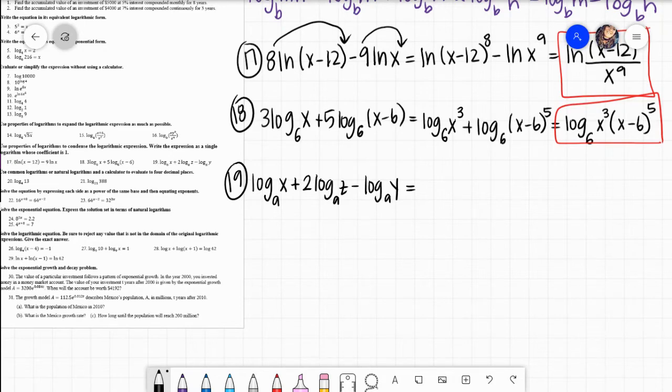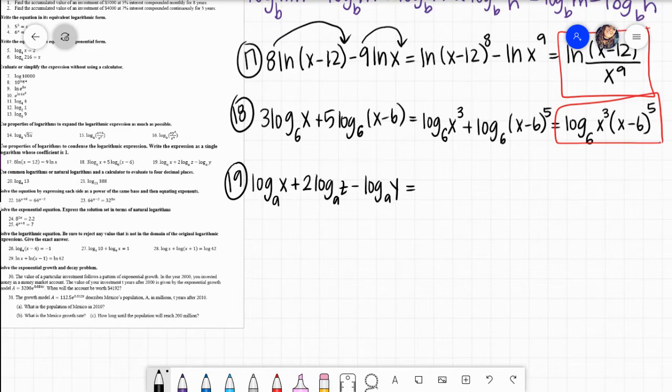If I'm taking the sum of two logs with the same base, their m and n are going to be multiplied together. And if I have a difference, the operation of a minus sign, then that's when I put them in fraction form, because they would be dividing each other. So what I want to do first is the product rule.